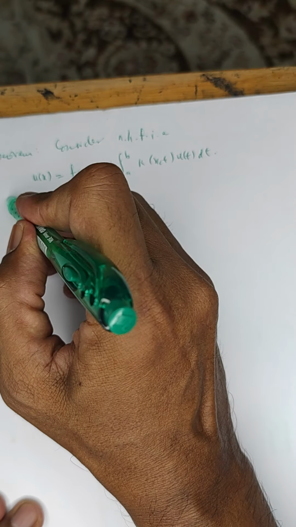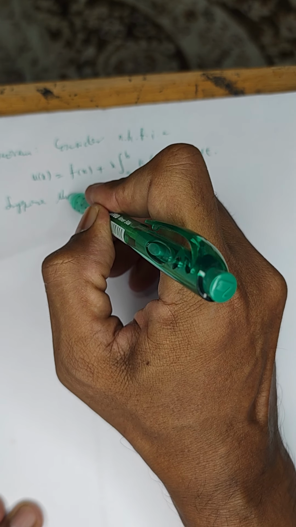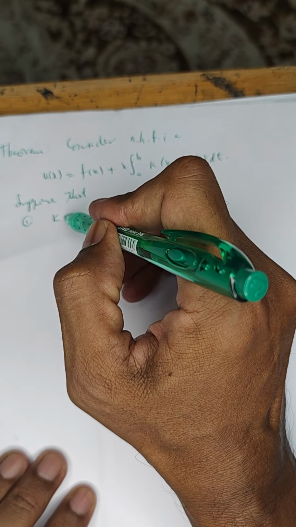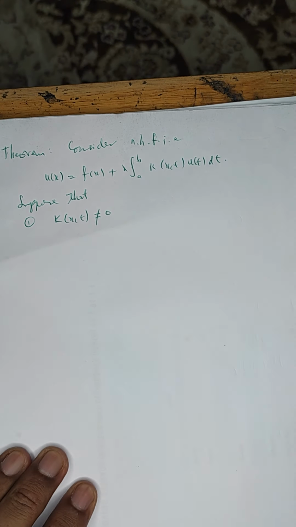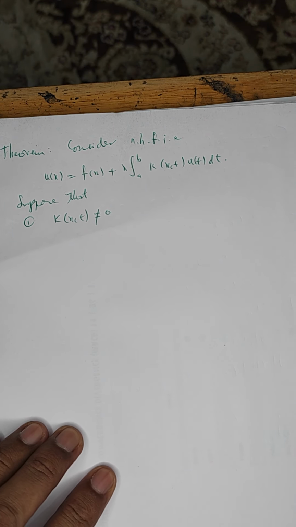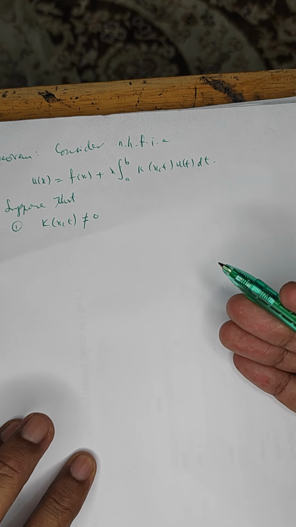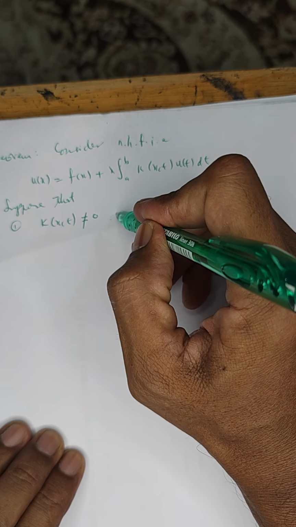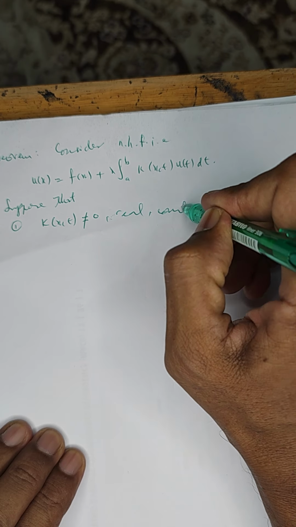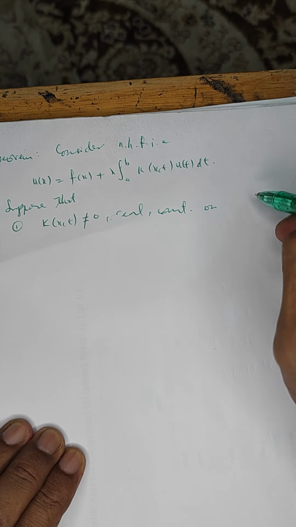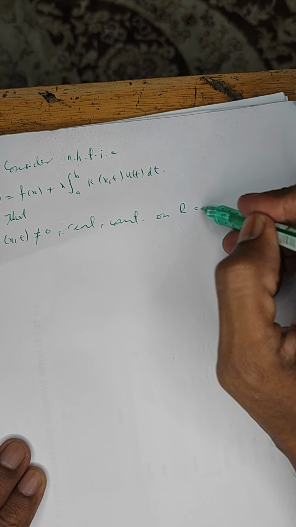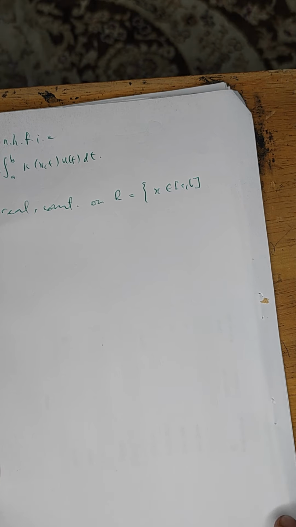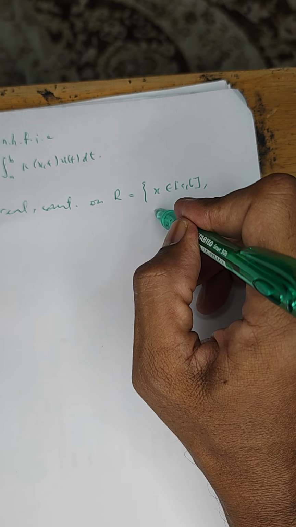And we suppose that the kernel k is non-zero, real and continuous in the required region R, where R is given as x in [a,b] and t in [a,b].